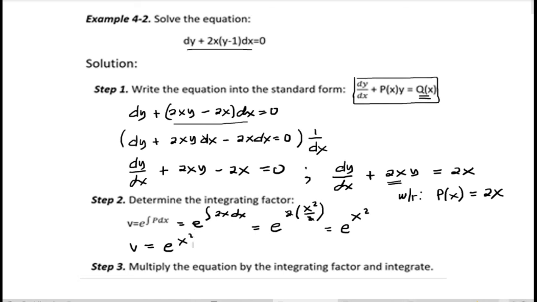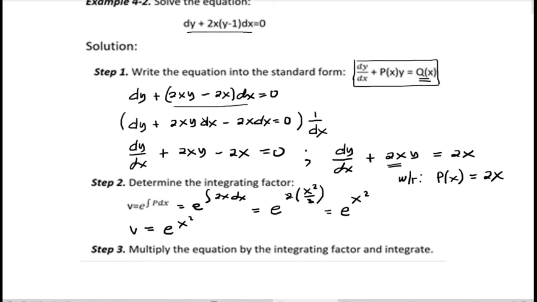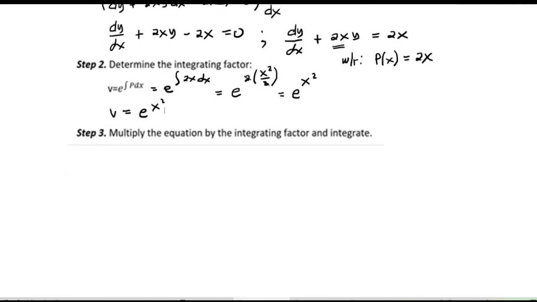For our step 3, we are going to multiply the equation by the integrating factor. I'm going to use now the standard form. This is our standard form, this one. So we have dy over dx plus 2xy is equal to 2x. Multiply by our integrating factor, which is e raised to x squared.